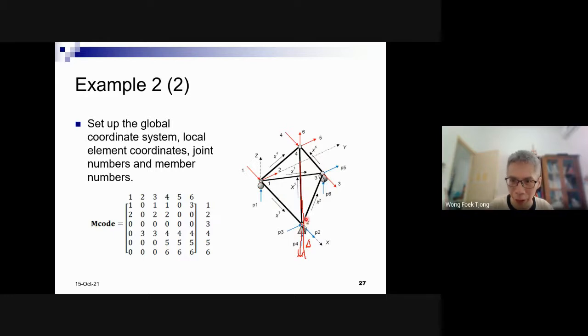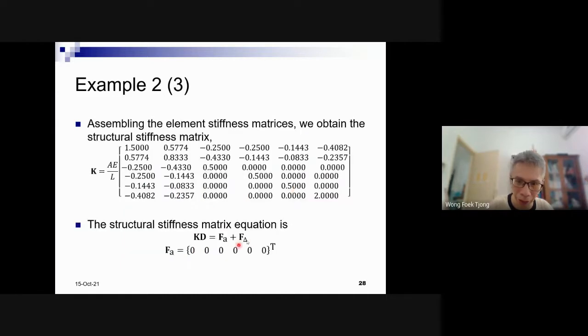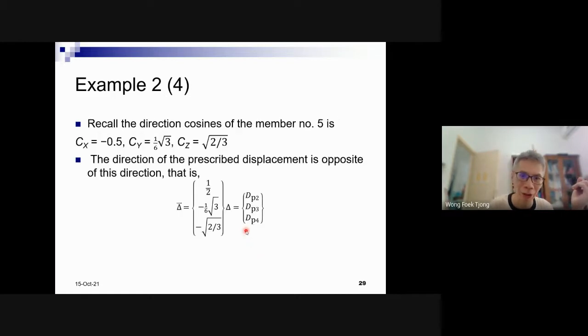Element number 2 at the left end. Element number 5 at the left end. So we only need to consider 1, 2, and 5 in order to calculate F delta. Remember 1, 2, and 5.